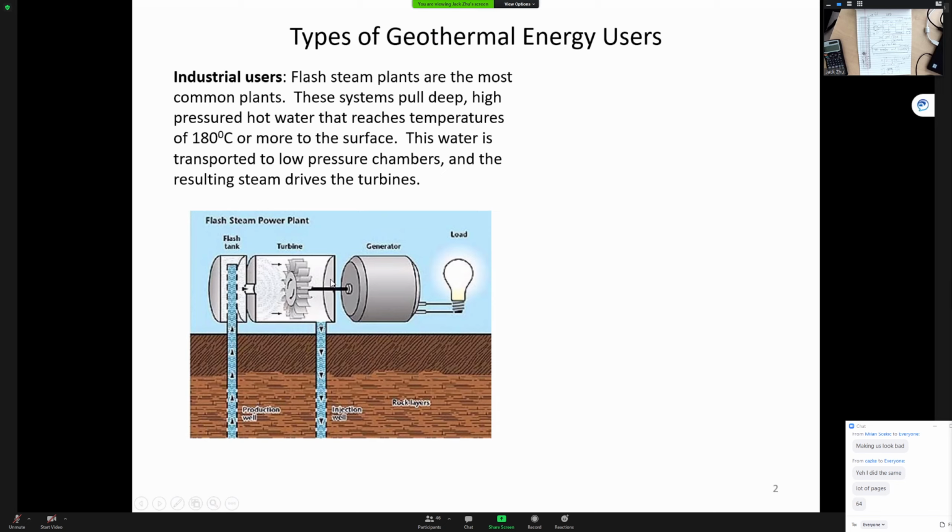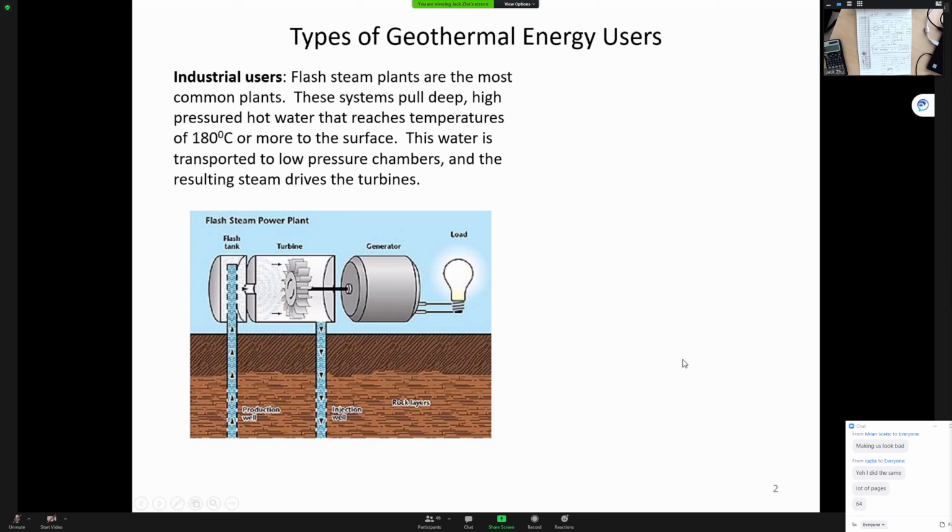But going through this process, the temperature of those things is gonna drop, and usually when you have steam it will have a high pressure to push the turbine, and they can use that to generate electricity. That's the industrial use. There's a different type of those wells, those generators. In this course, we're not gonna focus on the industrial use.